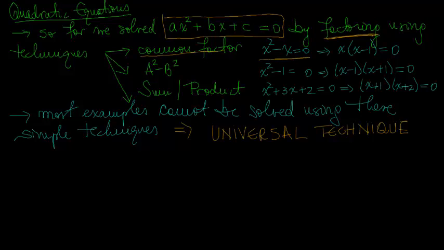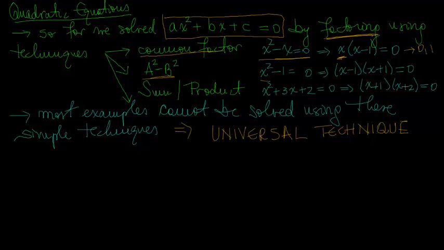If I have x squared minus x equals 0, we can pull out the common factor x, and we get x times x minus 1 is 0, and of course the solutions that we obtained here are 0 and 1. We also had the technique of the difference of squares formula, a squared minus b squared.